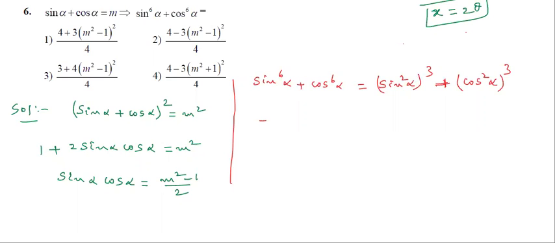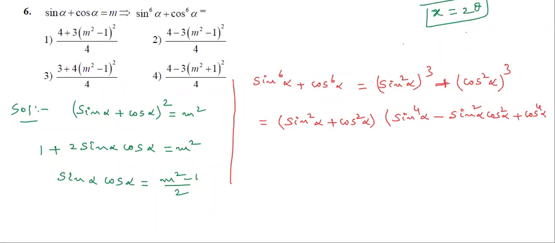The a cube plus b cube formula is a plus b into a square minus ab plus b square, that is, sin square alpha plus cos square alpha into sin power 4 alpha minus sin square alpha cos square alpha plus cos power 4 alpha. I think this is a lengthy formula.